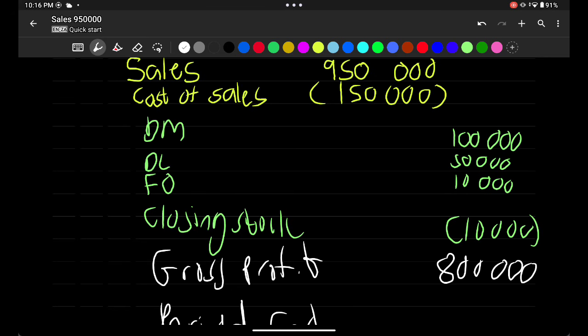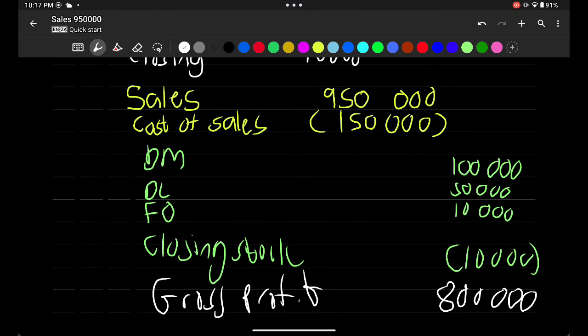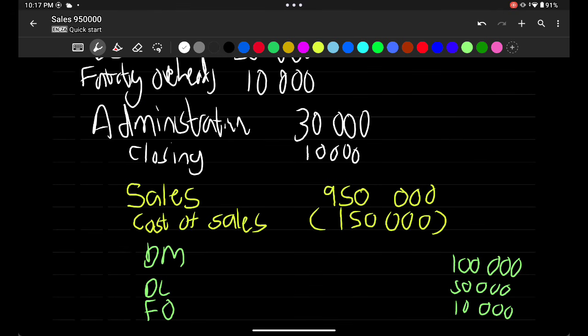So if they give you finished goods stock or they give you a closing stock balance, the balance of that account, you're going to minus it over here, because those are the products sitting in your business that have not been sold. So all these are made, all these are not sold. You minus, and you get how much is sold. Opening stock plus purchases minus closing inventory. So yeah, easy, right? This is the income statement of Accounting 251.